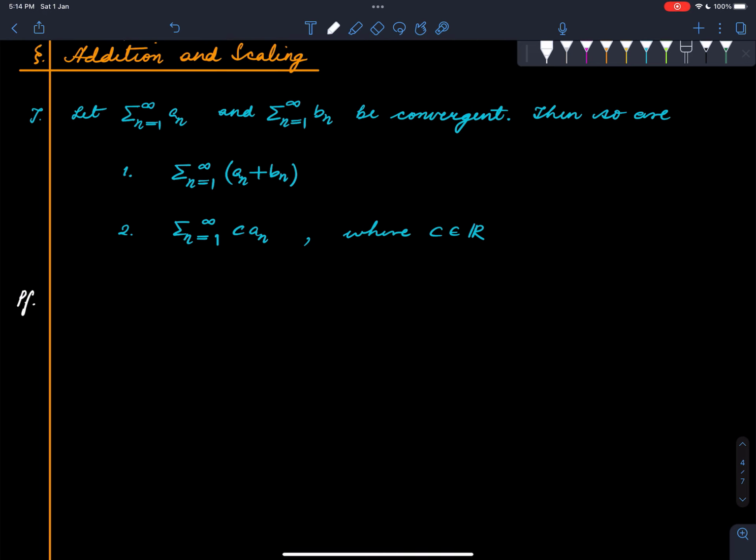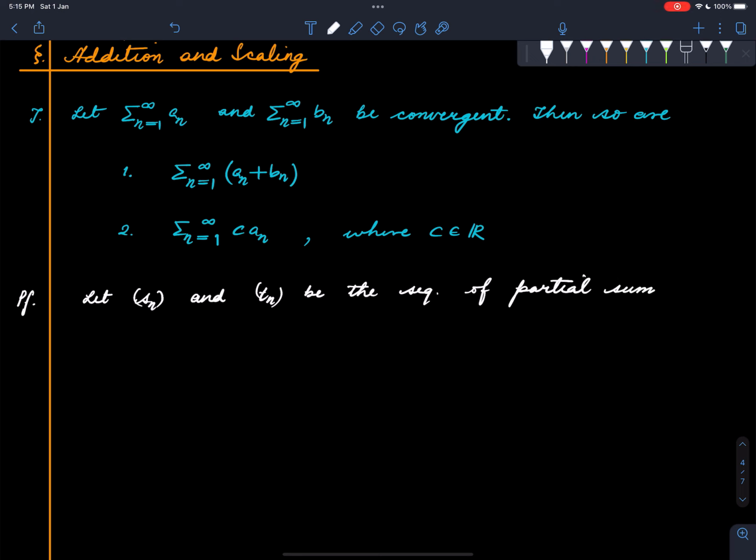So all we do is let Sn and Tn be the sequences of partial sums of the two series. I'm being brief. I am not decorating these with limits.